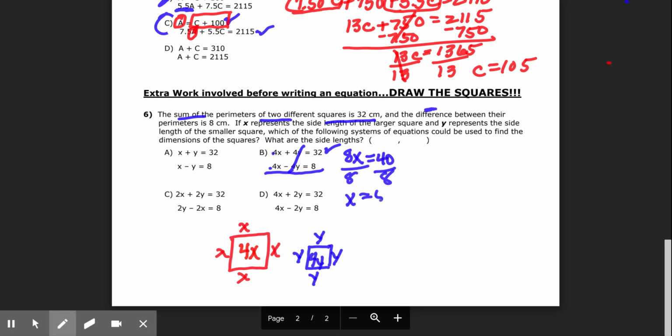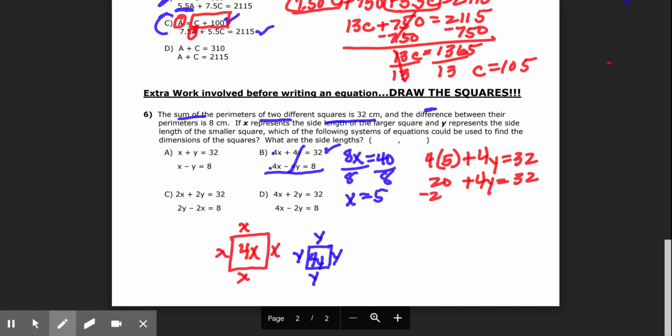And then what we can do is we can just substitute 5 for x in one of the two equations. I'm just going to use the top equation. So 4 times 5 plus 4y equals 32. So this is 20 plus 4y equals 32.